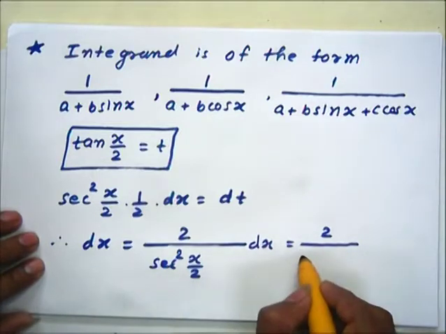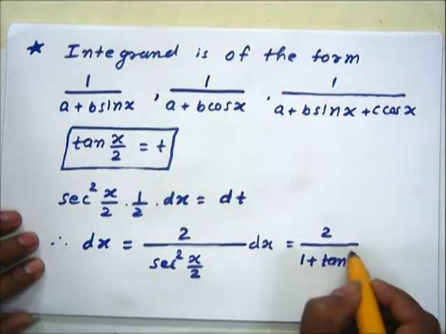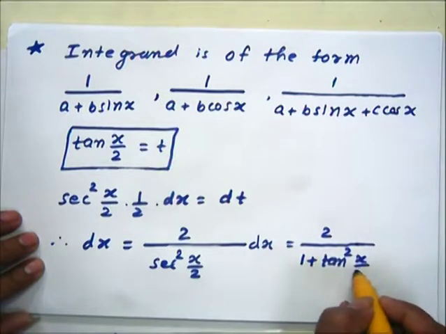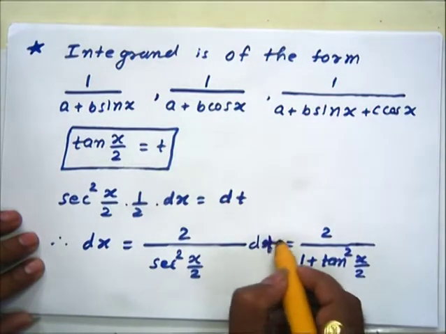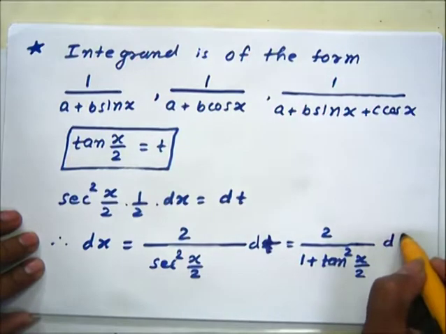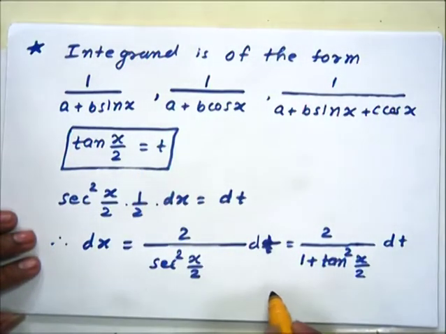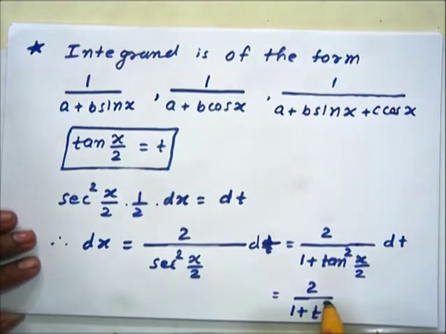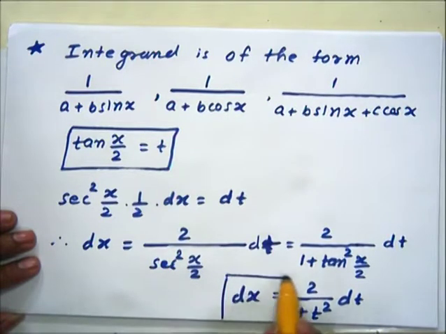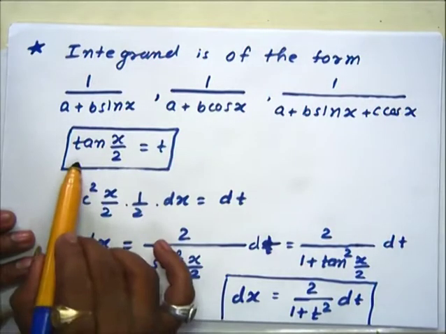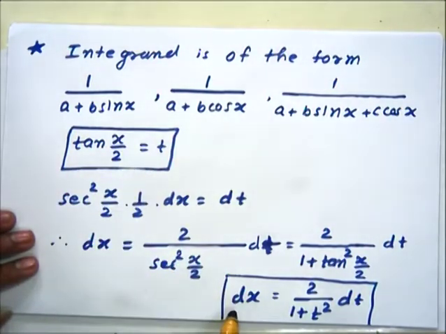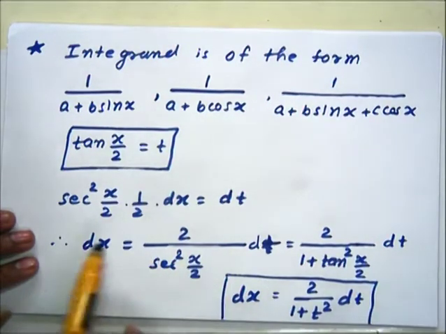Sec square is 1 plus tan square x by 2, and tan x by 2 equals t. So dx is 2 upon 1 plus t square dt. Remember this: if you take tan x by 2 equal to t, then dx is 2 upon 1 plus t square dt.